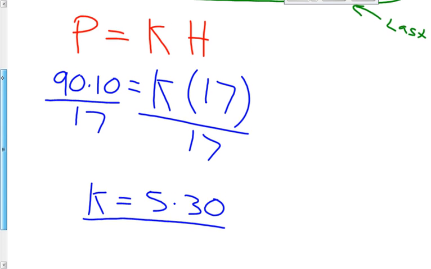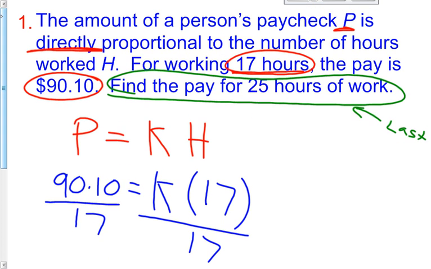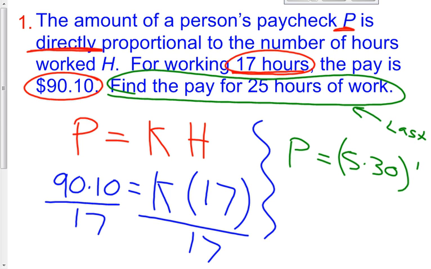I might recommend looking for a new job, but if he really likes it, more power to him, I guess. So now, if he makes $5.30 an hour, if the pay you get is 5.30 times hours worked, how much does he get paid?